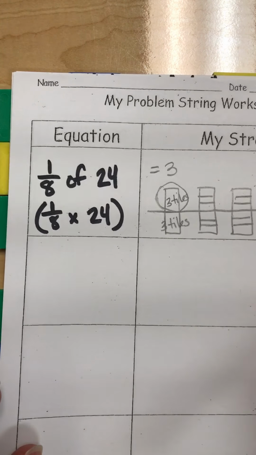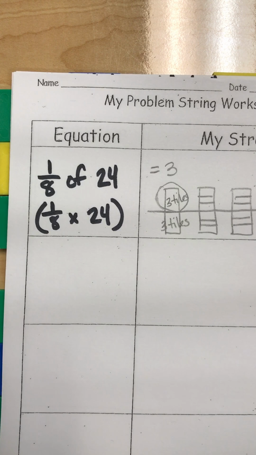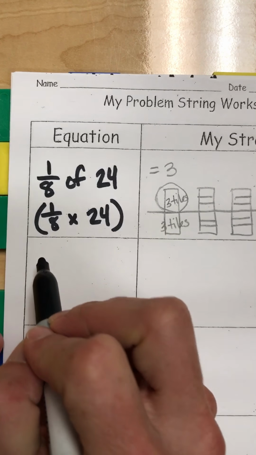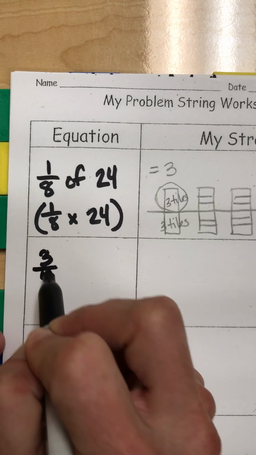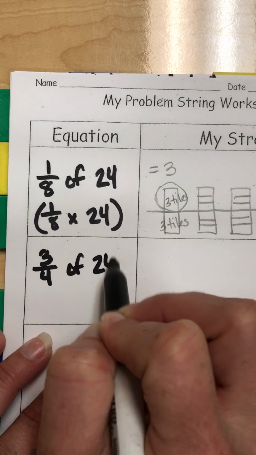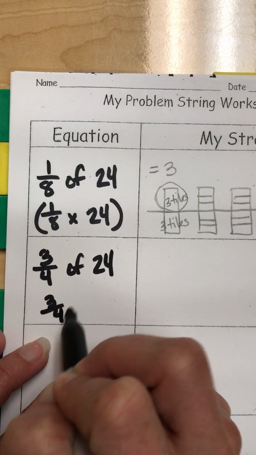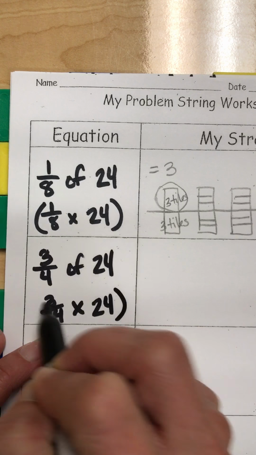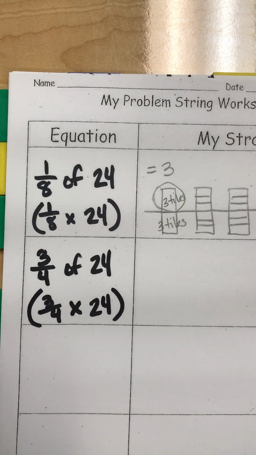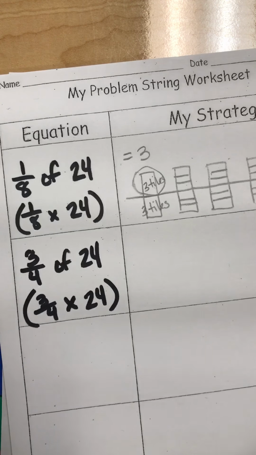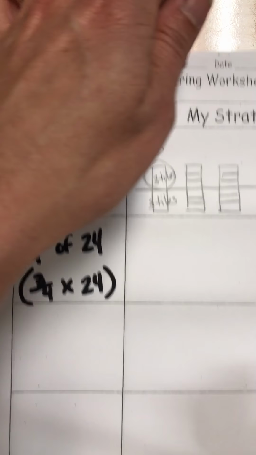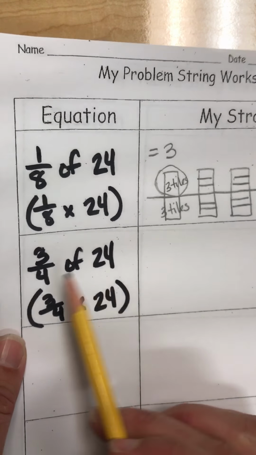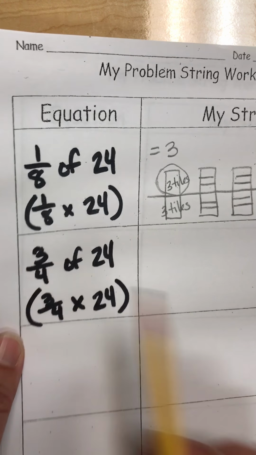My next problem here is 3/4 of 24, or 3/4 times 24. Same thing. Okay, so if I have 3/4 of 24, I have to go back to my how many equal groups? 4 equal groups.